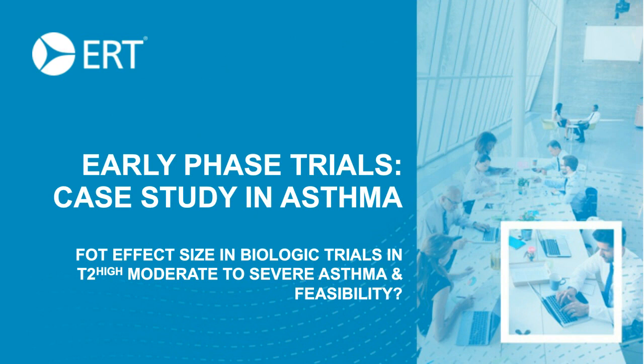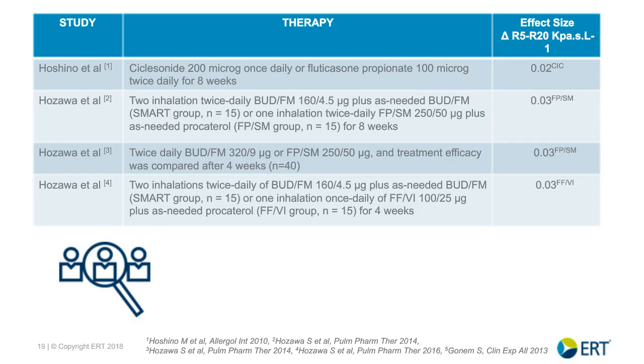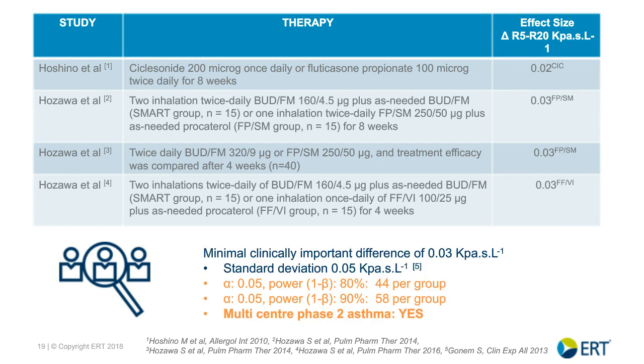So we know from some of the published inhaler studies that the effect size on R5 minus R20 when you give an inhaled corticosteroid, either an extra fine particle compared to a non-extra fine particle, an inhaled steroid that has a lower mass median aerodynamic diameter to another one, that the average effect size that you'll see with the inhaled steroid is a difference between one steroid and the other of about 0.03 kPa second litre to the -1 in R5 minus R20.